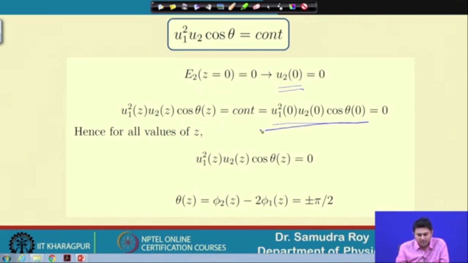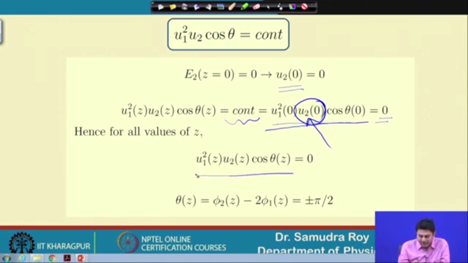So, U1(0), U2(0), cos theta(0), that should be equal to this quantity, because it is a constant throughout the motion. But now we find that this quantity is 0. That means whatever constant we are trying to find is 0. That means U1 squared U2 cos theta as a function of z is 0.